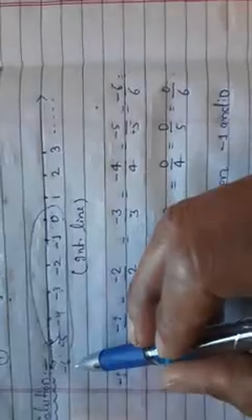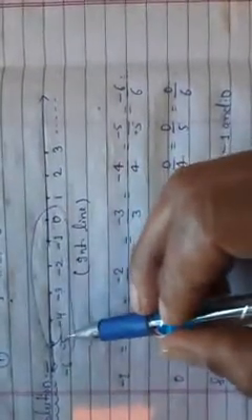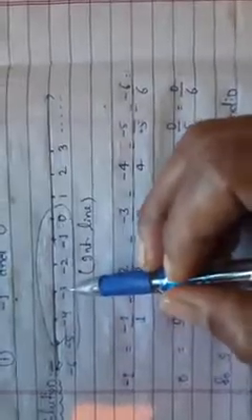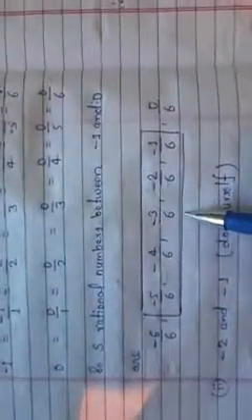Students, these numbers are in ascending order. -6 is the smallest, -5 is greater than -6, -4 is again greater, -3 is greater than -4, and 0 is greater than all these negative integers. So from -6 to 0, we find -5 upon 6, -4 upon 6, -3 upon 6, -2 upon 6, -1 upon 6. These are the five rational numbers between -1 and 0.